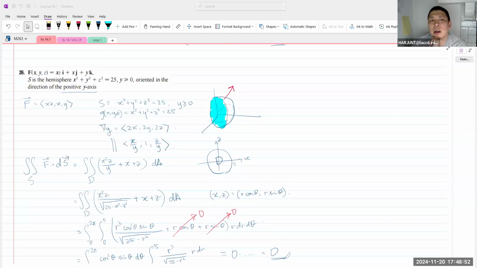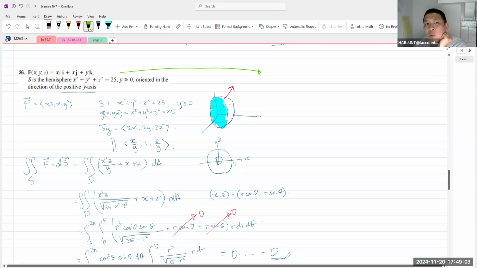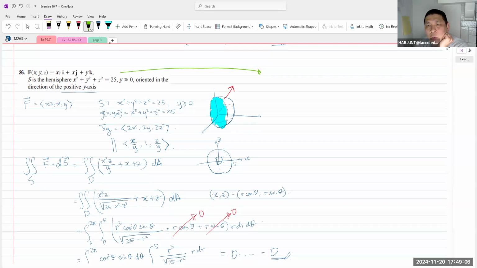Actually, I prefer to do it this way, to be honest with you. But because this is part of a sphere, a hemisphere, you may want to use the spherical parameterization, where x, y, z is parameterized by rho sine phi cosine theta, rho sine phi sine theta, and rho cosine phi.